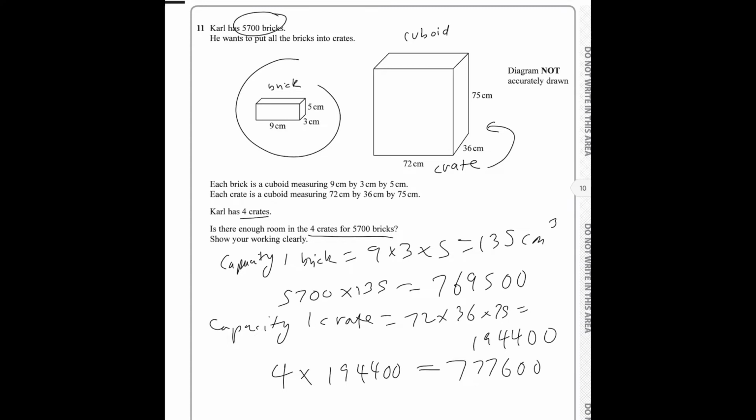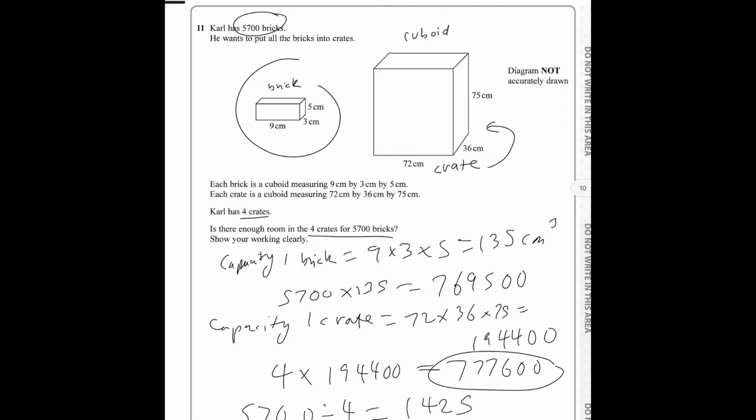For the bricks needed in one crate, you're going to do 5,700 divided by 4, and this should give you a value of about 1,425. So the max number of bricks in one crate is 8 times 12 times 15. That is 1440.